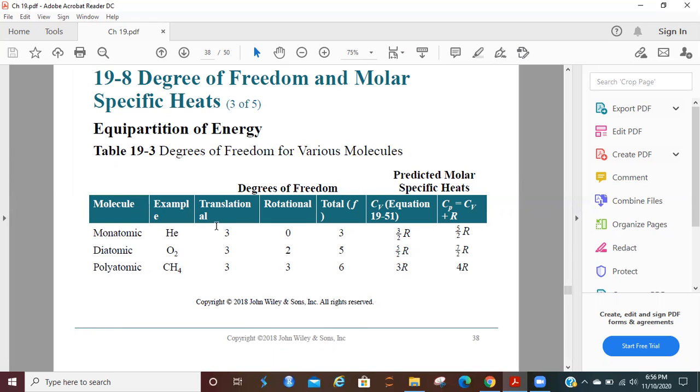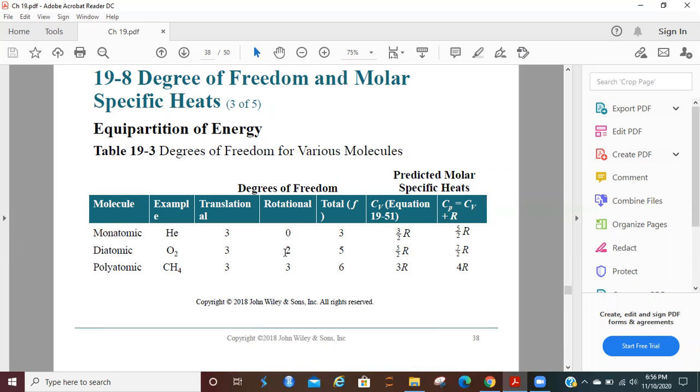If you're going to look at degrees of freedom for various molecules, there are several things that go into this. For all of them, monatomic, diatomic, polyatomic, you have 3 degrees of freedom for translational motion. If you look at rotational motion, there's no sense in having a rotational degree of freedom for monatomic.